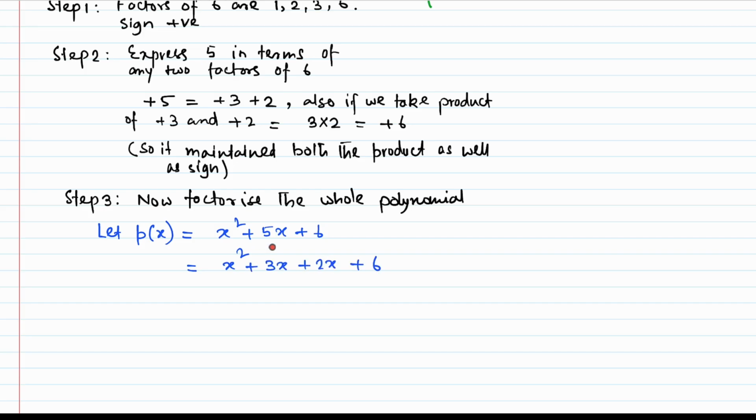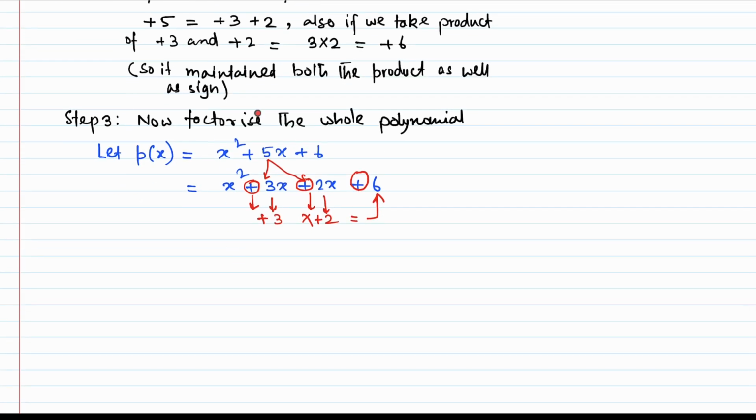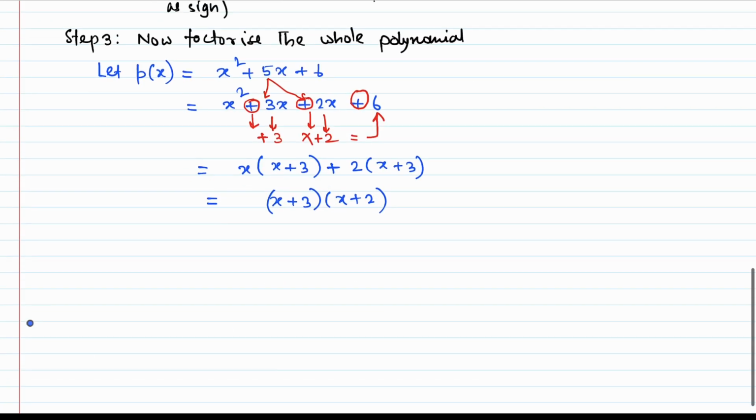So let p(x) equal x square plus 5x plus 6. We expand 5x as 3x plus 2x. So plus plus becomes plus and 3 into 2 becomes 6. So the sign is maintained, the product value is maintained. Now we can take x common from x square plus 3x and 2 common from 2x plus 6, which gives us (x plus 3) and (x plus 2).